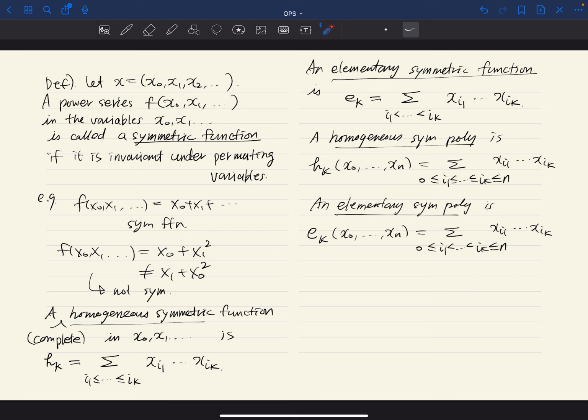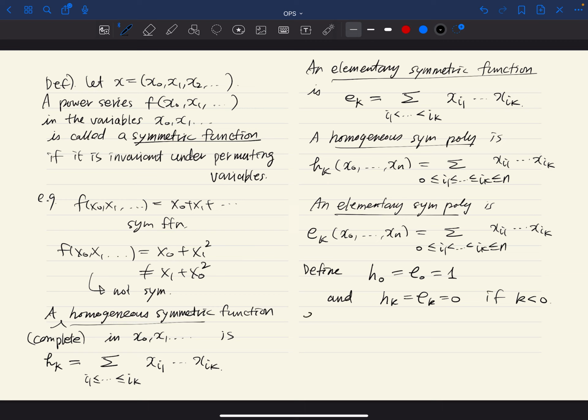Okay. So examples. Oh, by the way, we also define h sub 0 and e sub 0 to be 1, just by convention. And this is 0 if k is negative. Okay, this is just our convention.